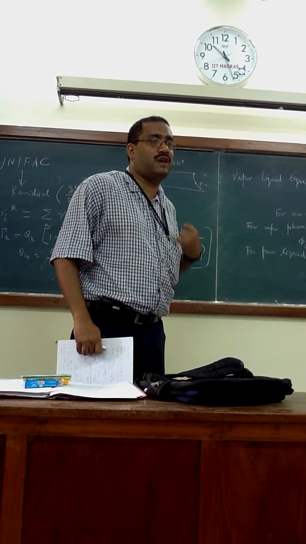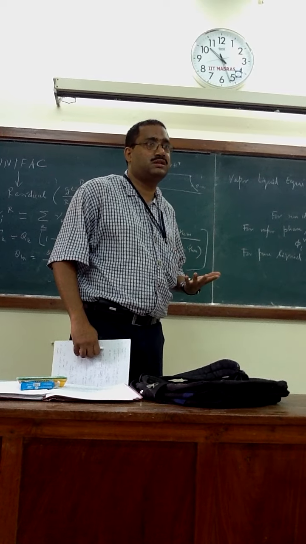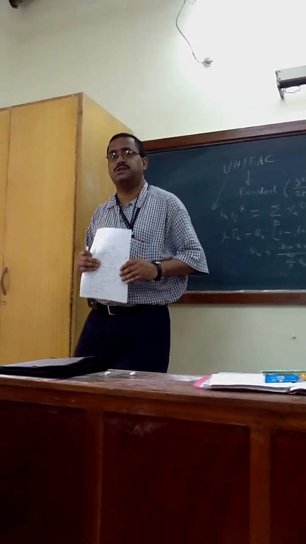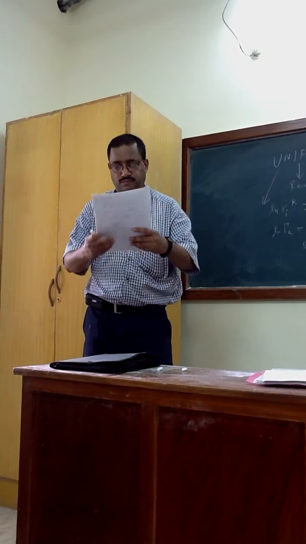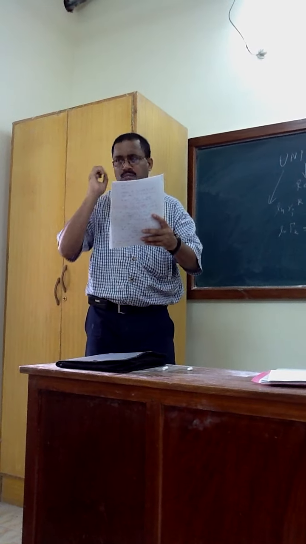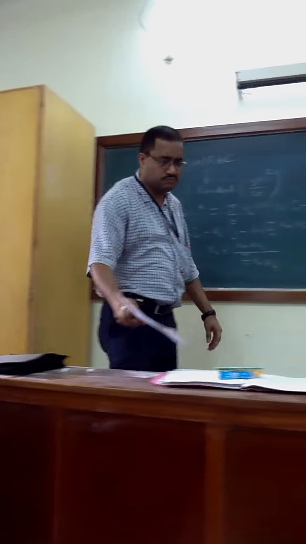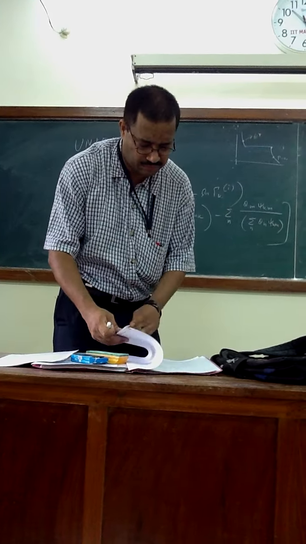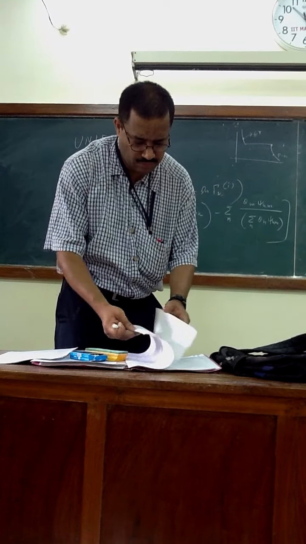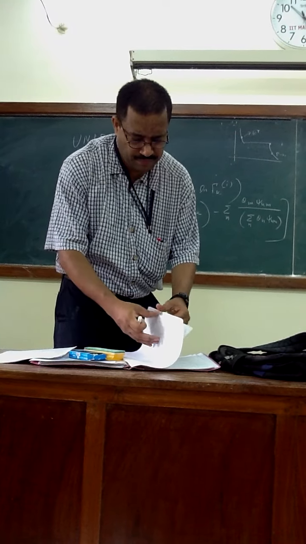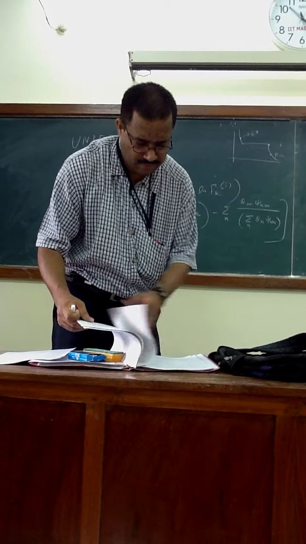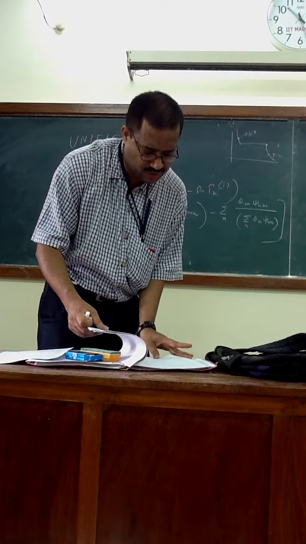I am asking the question. Don't tell any stories, please. Phi i star equals to, which is the pure component fugacity. Pardon? I have done it in the class many times.